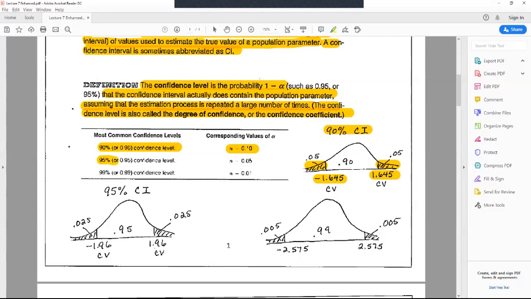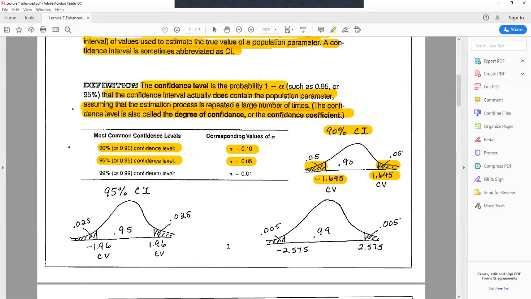Suppose you have a 95% confidence level. With a 95% confidence level, the corresponding value of alpha would be 0.05. 0.05 would be the total in the tails. Since this is a 95% confidence interval, 95% of the area is consumed in the middle region. If 95% consists of the mid region, then I have 5% left over.